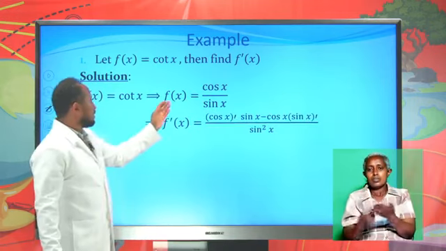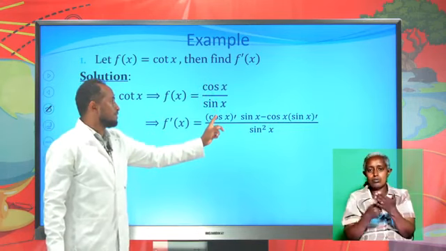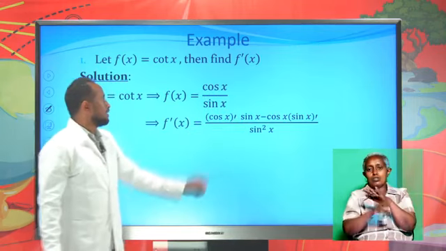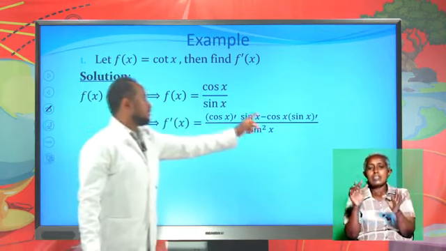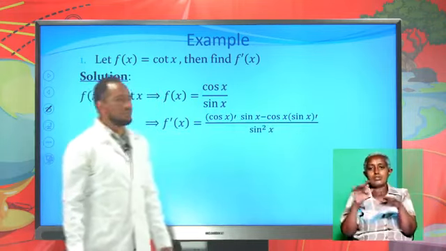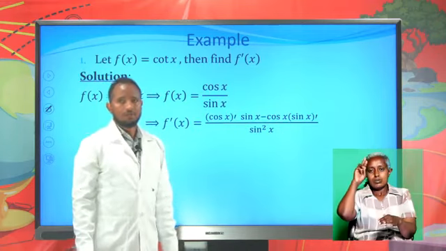Therefore here, f derivative of x equals, applying the quotient rule, the derivative of the numerator times the denominator minus the numerator times the derivative of the denominator, divided by the denominator squared.